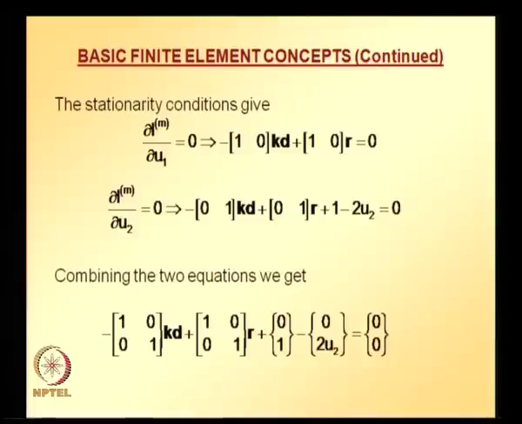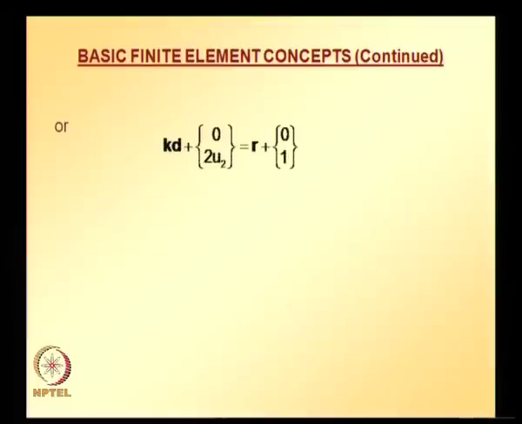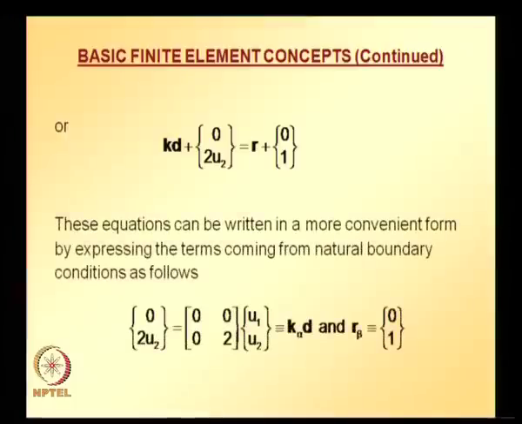This equation can be rewritten in this manner, and you can define a quantity called r beta consisting of 1 and 0 as a vector.